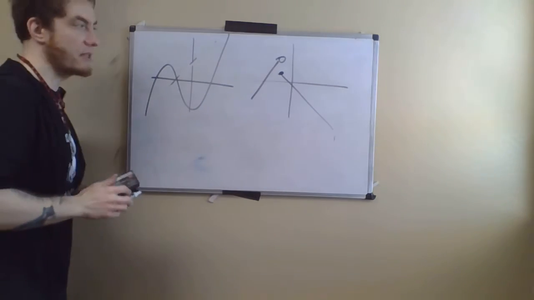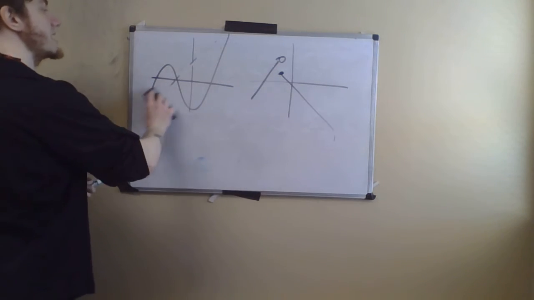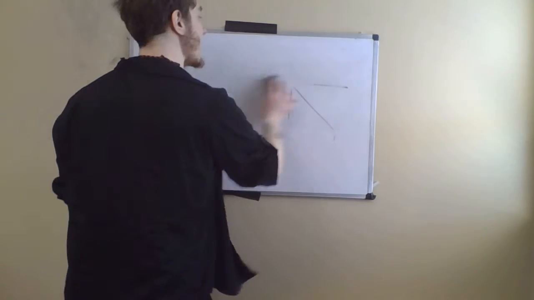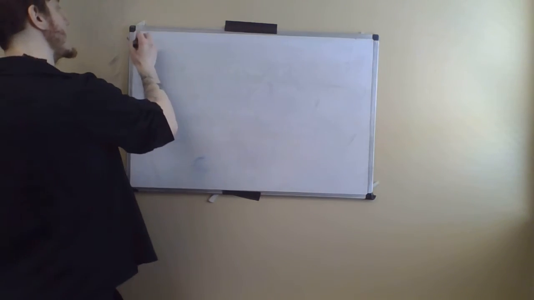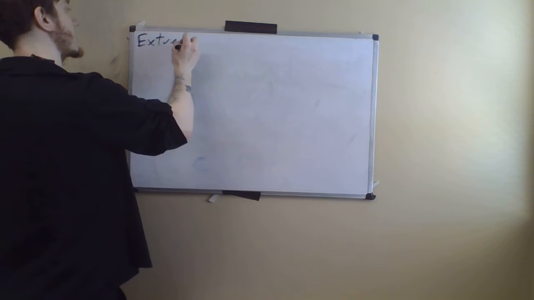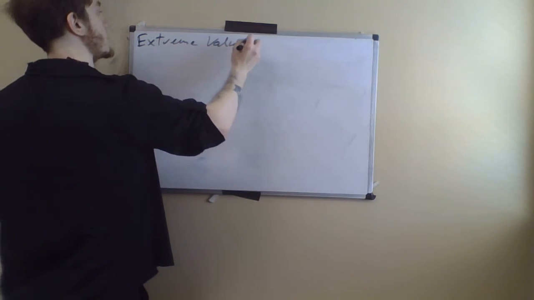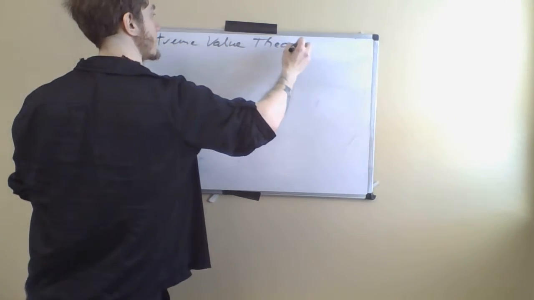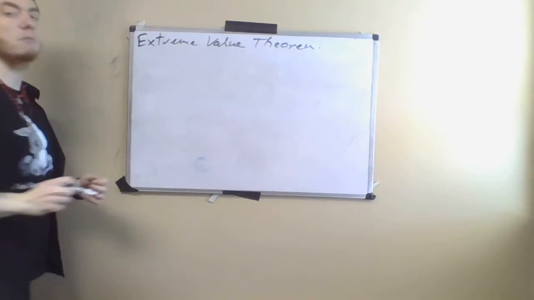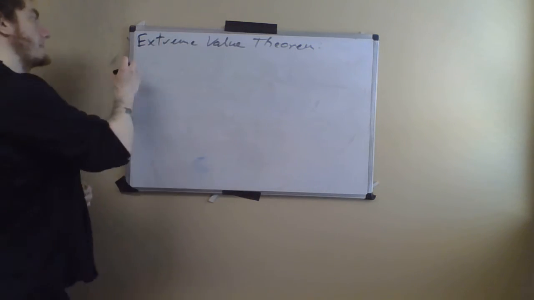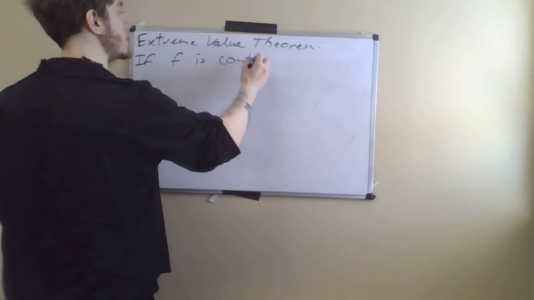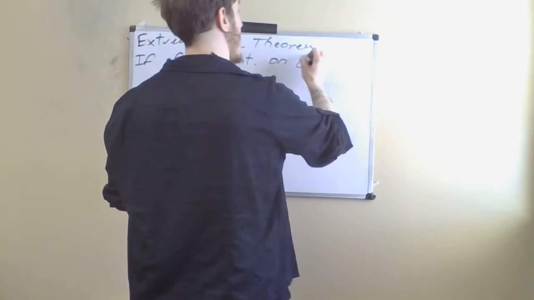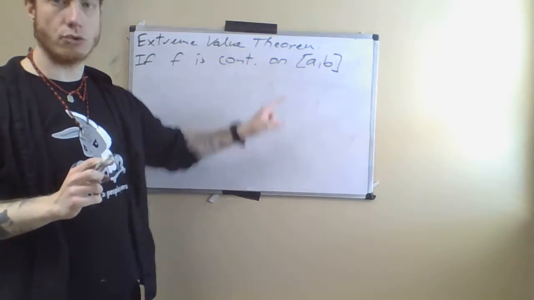So that would be another case where we don't get a maximal value. Well, it turns out that there are some circumstances where we can guarantee that there will be a maximal and a minimal value. And this is known as the extreme value theorem. The extreme value theorem states the following. If f is continuous on a closed interval from A to B, and it is very important that this is a closed interval.